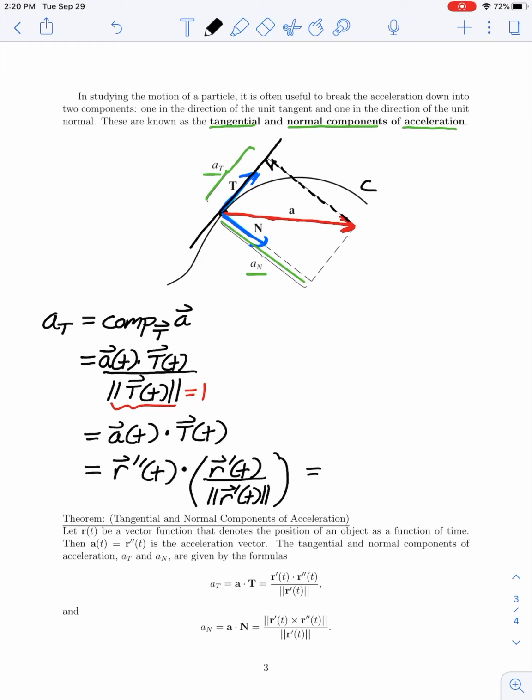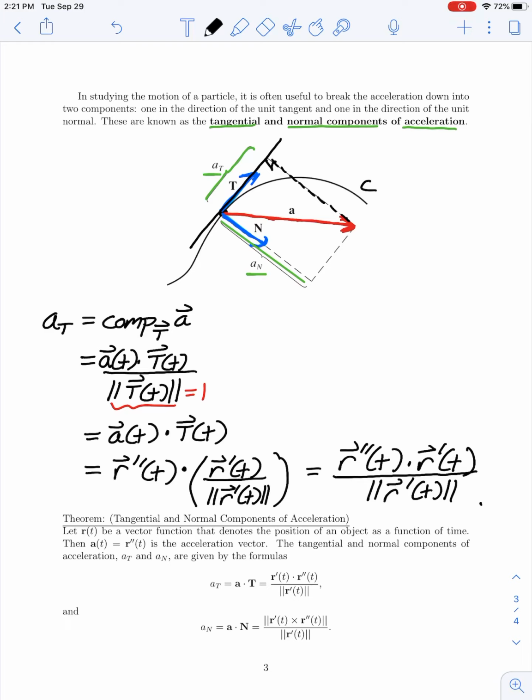So taking this dot product, we would have for our numerator the dot product of r double prime of t and r prime of t. And we're taking that scalar and dividing by the magnitude of the tangent vector r prime of t. So this is a formula for the tangential component of acceleration in terms of the derivatives of our position function, r of t.